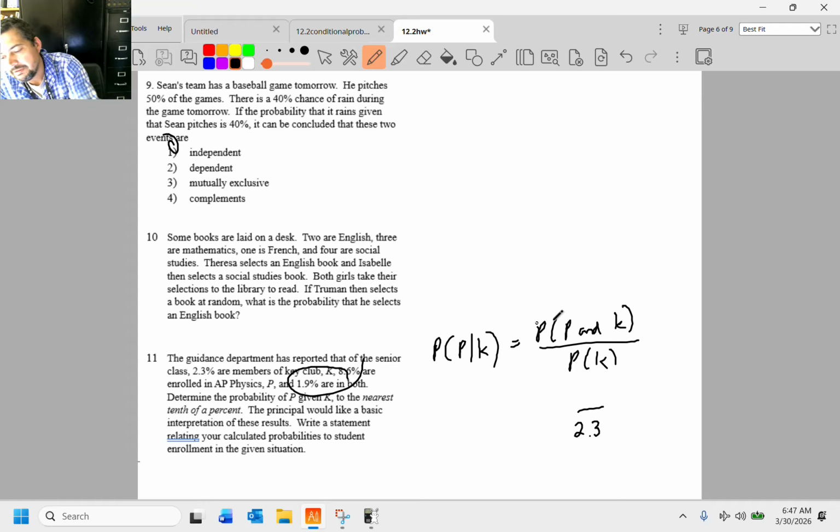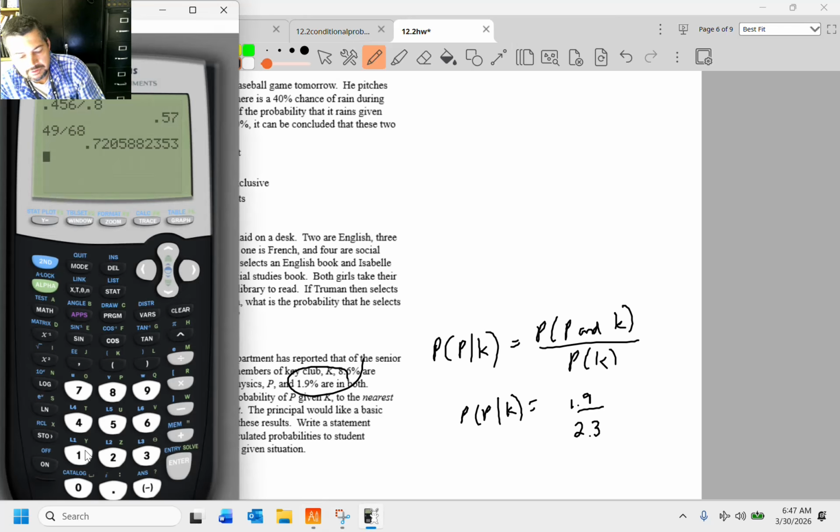That's what I want, the both. They gave us some extra stuff. It's just 1.9 over 2.3.